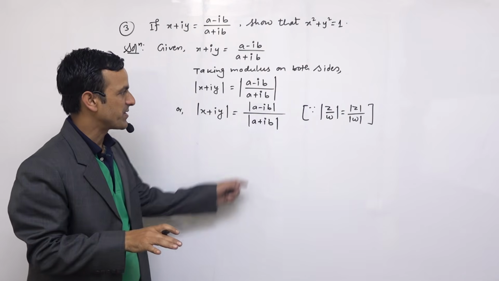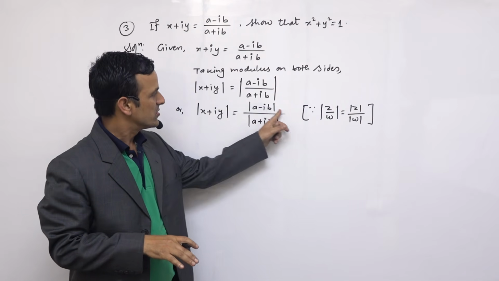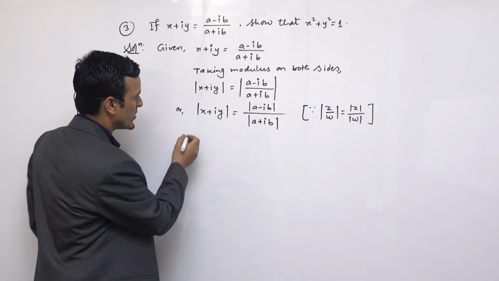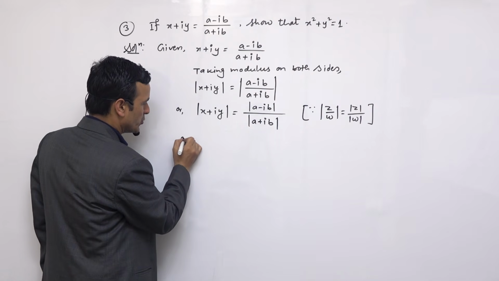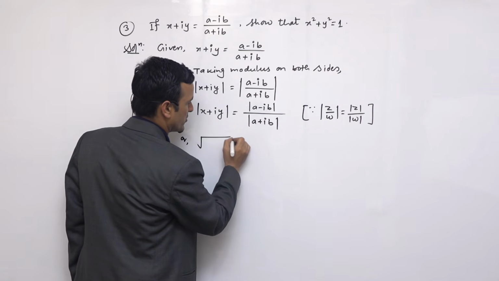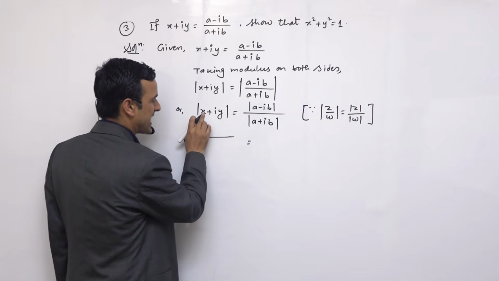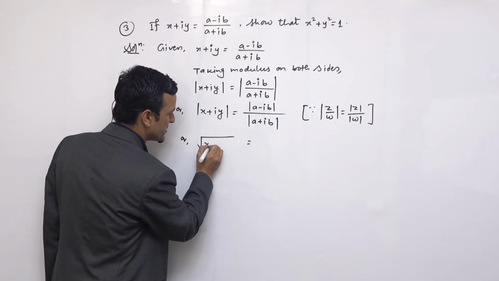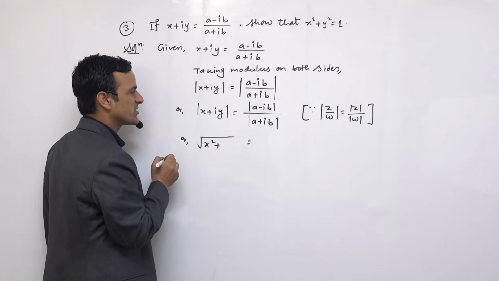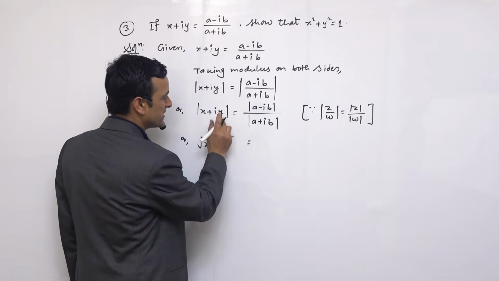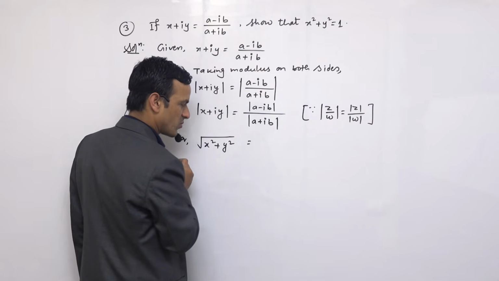After using separate modulus, we can say this one. Now we can use the definition of modulus. According to the definition, we can write it as real part square, that means x square, and imaginary part square, means y square.